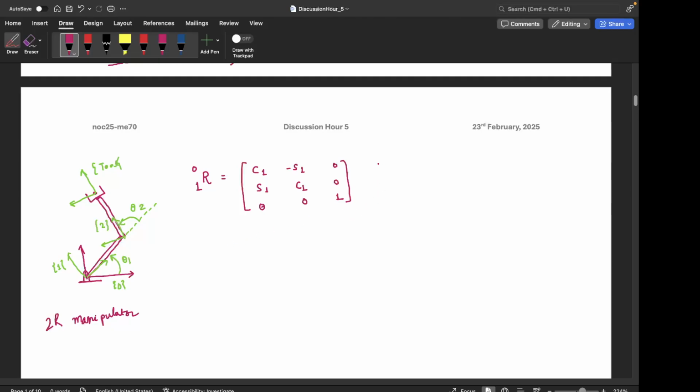And this rotation matrix would be cos of theta 1 plus theta 2, recalling the convention, then sin 12, sin 12 and cos 12.